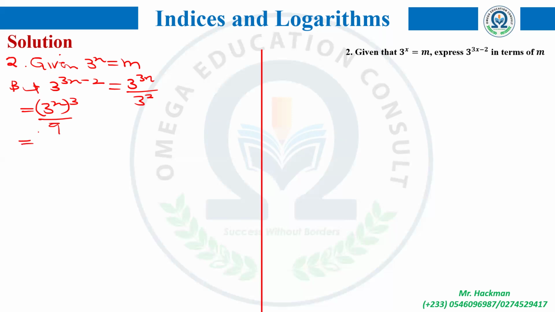Now you can carry out your substitution for m, which is 3 to the power x. So m cubed over 9. Therefore 3 to the power 3x minus 2 is equal to m cubed over 9, in terms of m.